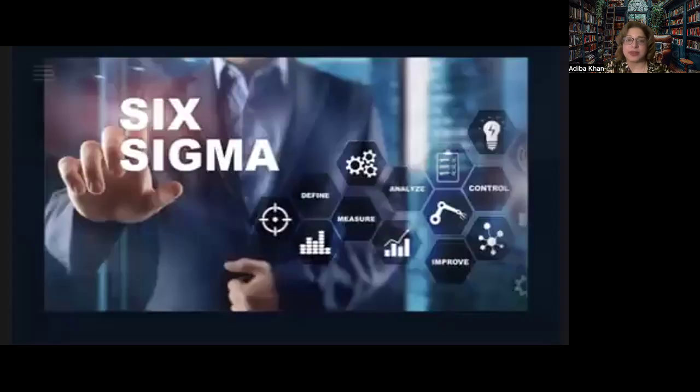All right, so that brings us to Six Sigma, because the two prevalent methodologies when companies are looking to enhance quality would be total quality management and Six Sigma.